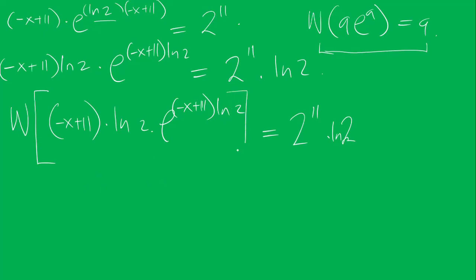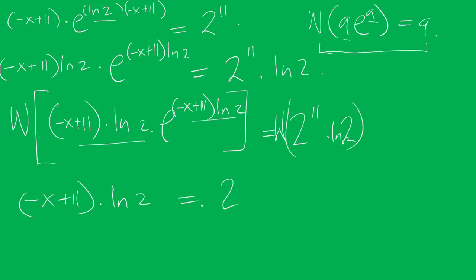Now, this is like A here and A here. So that means the whole of this will now be minus x plus 11 times natural log 2 equal to Lambert W of 2 to the power 11 times natural log 2. Sorry, the Lambert W is supposed to also be here.